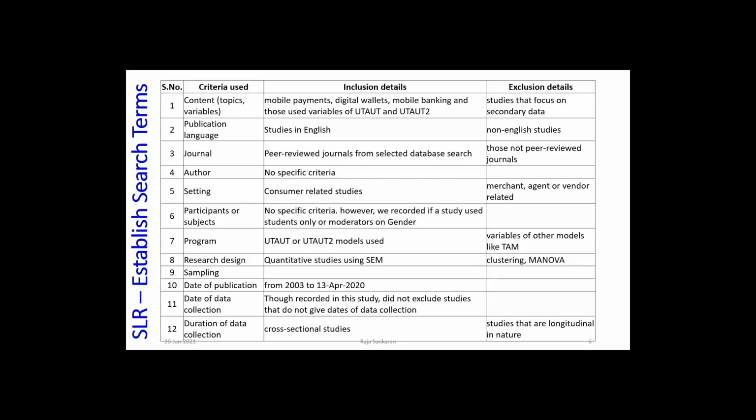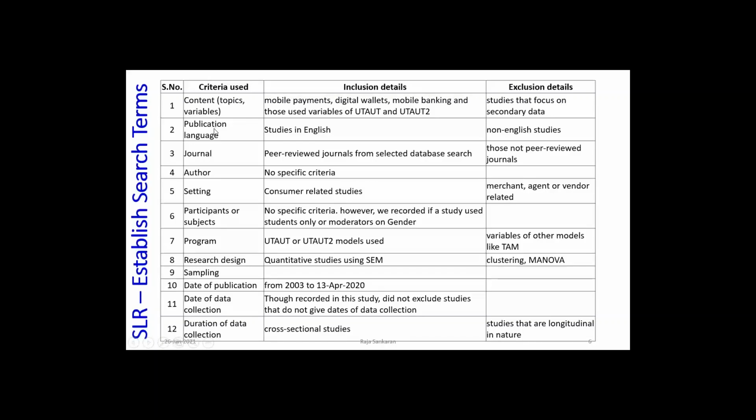So these 12 criteria are very, very important whenever you are designing your SLR or meta-analysis. You must go through this rigor in order to clearly define what are inclusion and exclusion. Please do not proceed with just simply taking an output from one of the databases and going ahead further with your SLR or meta-analysis.